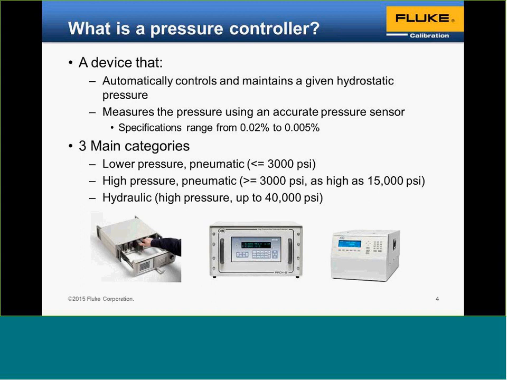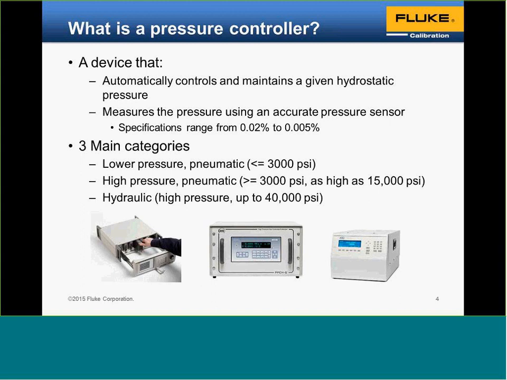Main categories when we look at these. First, the lower pressure pneumatic controllers, pneumatic being used as the media. I'm dividing that as full scales less than or equal to 3,000 psi. There's some overlap with the next group, high pressure pneumatic, with full scales greater than or equal to 3,000 psi, as high as 15,000 psi.